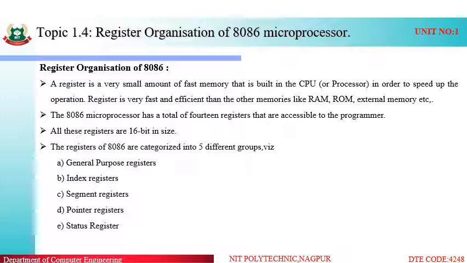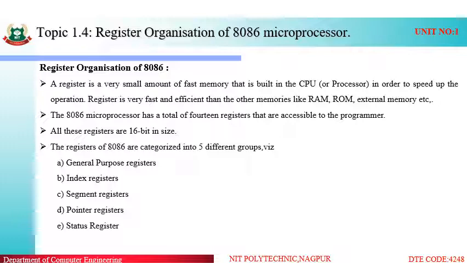General purpose registers, or user registers, are used for assembly language programming. In order to do the assembly language programming which we will do in the fourth unit, we will use all these general purpose registers.